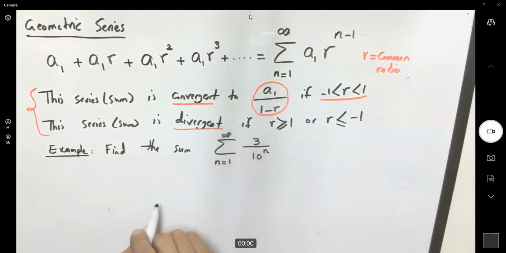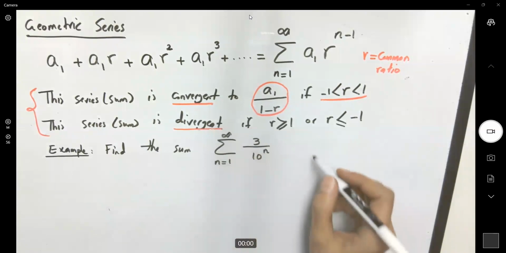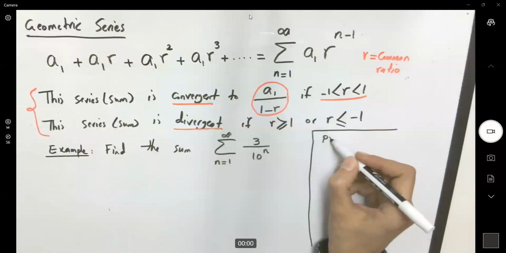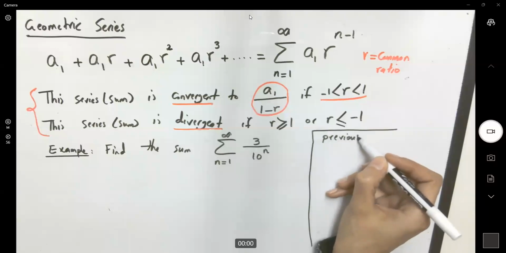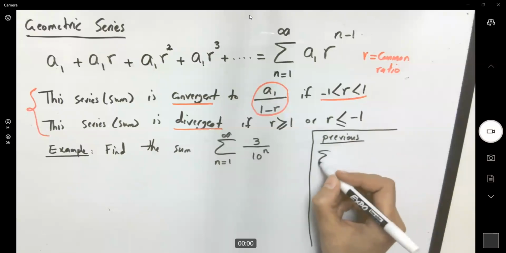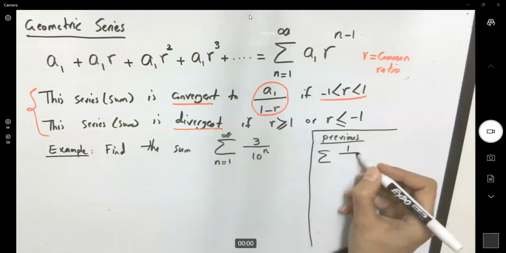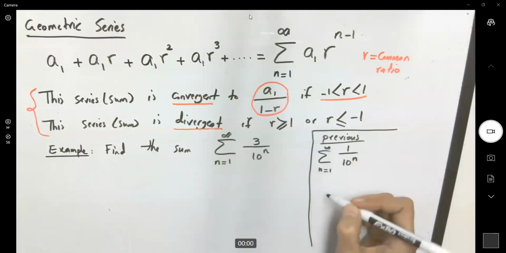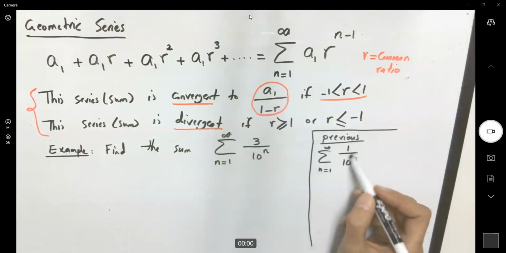Well, what's the difference between this example and the previous example? In the previous example, we had the sum of just 1 divided by 10 to the n, starting from 1 to infinity. The number on the numerator was just 1.